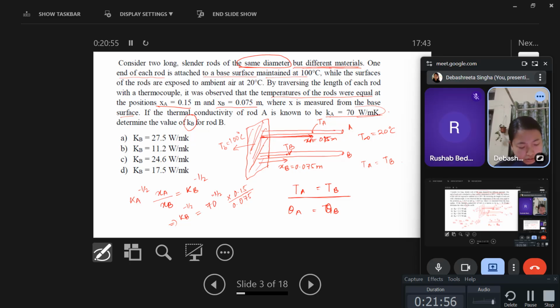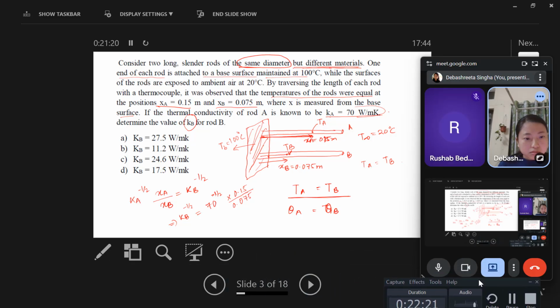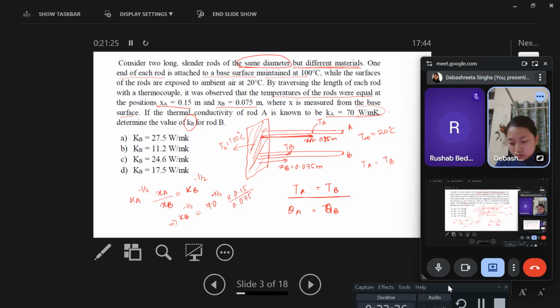Solved. C option. Is it C? No, the answer is something else.